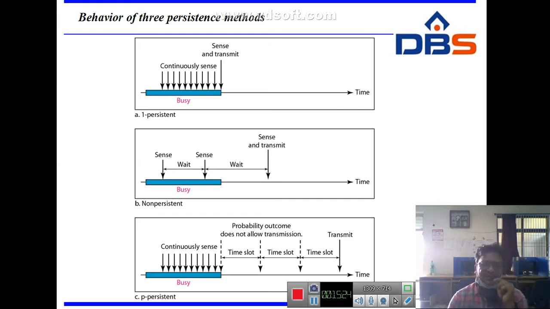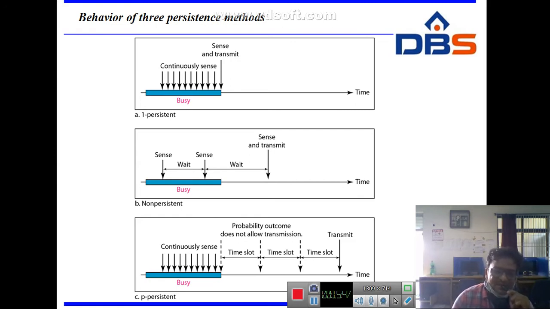In the case of the one-persistent method, the channel is continuously sensed, again and again. Whenever the station finds the line idle, it transmits the data from transmitter to receiver.